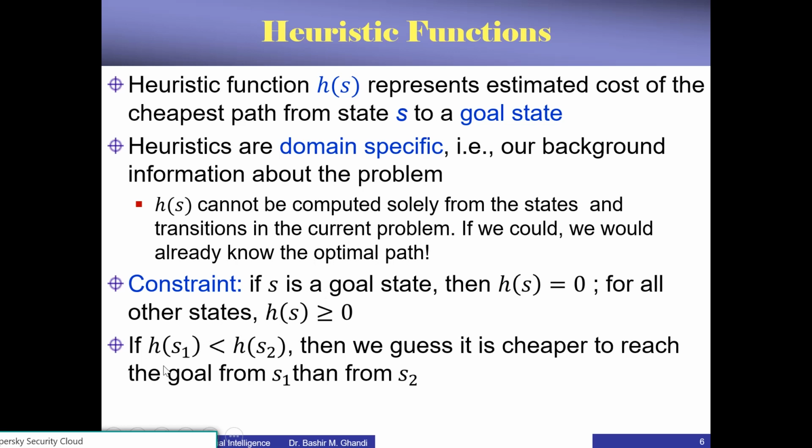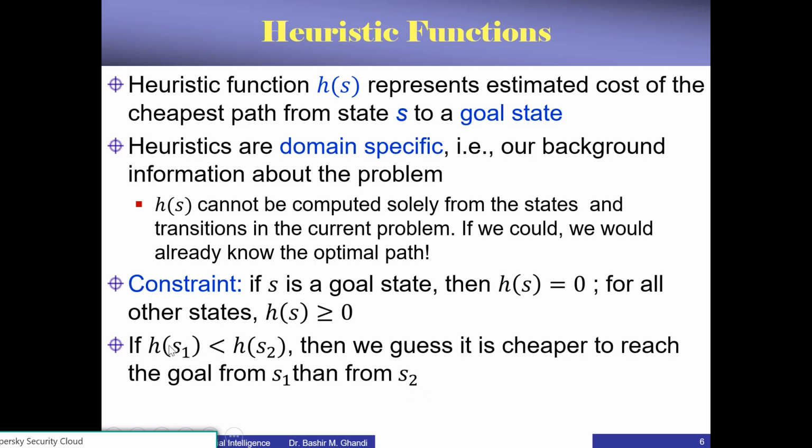The second one is that if H(S1) is less than H(S2), then we guess it is cheaper to search the goal from S1 than from S2.